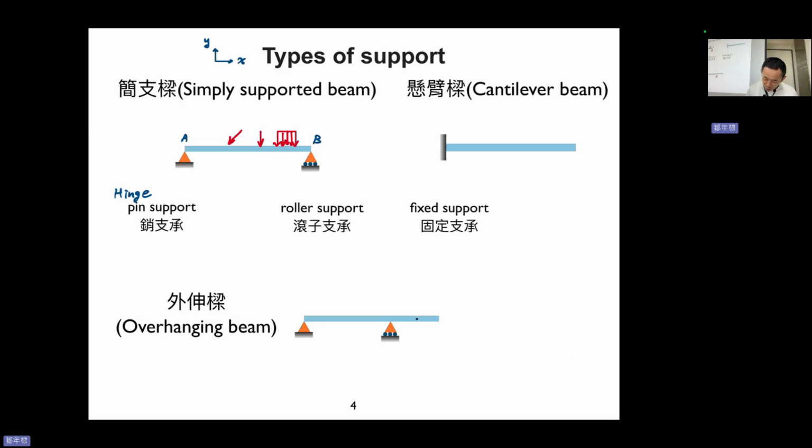So what does that mean? It means that it will provide a vertical reaction, RV, and a horizontal reaction, RH. I will say RH_A, RV_A.